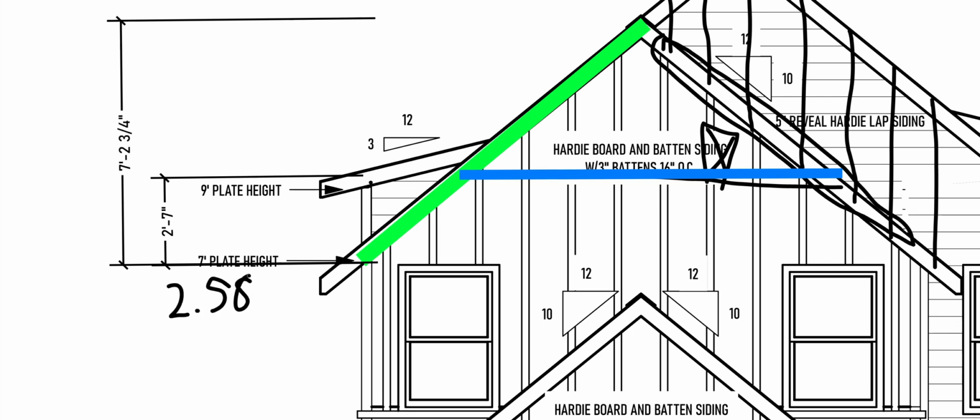Then take 2 3/4 inches, that's 2.75 inches divided by 12, and add that to 7 feet. We get 7.23 roughly. So we'll take 2.58, divide it by 7.23, and that gets us 0.35, which is over 1/3.